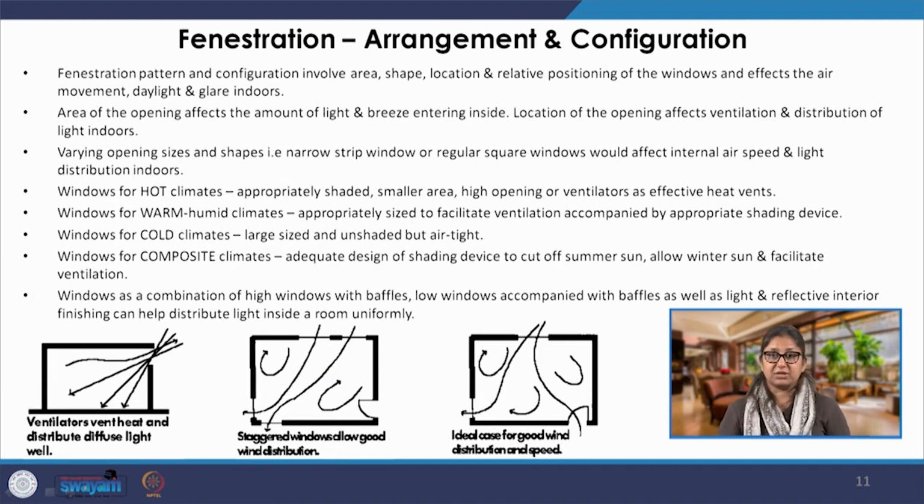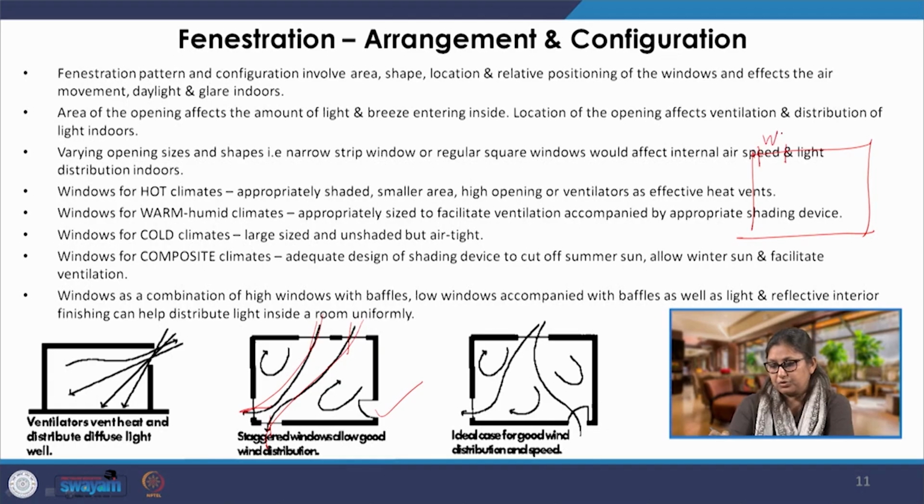Then we come to fenestration, both arrangement and configuration, and also the orientation. Now, if you look at this particular case, here we have windows on opposite sides. So, there is good possibility of cross ventilation. If we have a room with a window provided only on one side, and a door which does not open all the time, but assuming it opens, we will have this kind of possibility for natural ventilation, and in the surrounding areas there may be eddies.